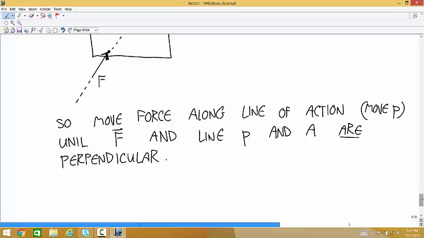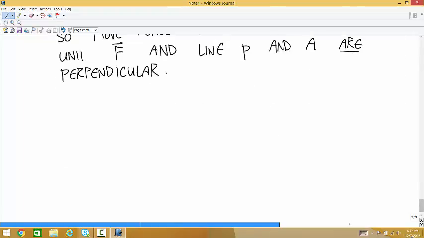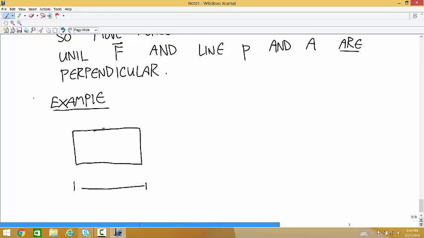Okay, so here's an example. Let's say the object is a rectangle that's 2 meters long and the height is 1 meter.